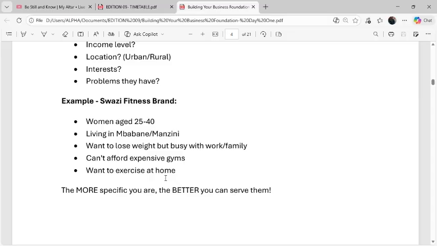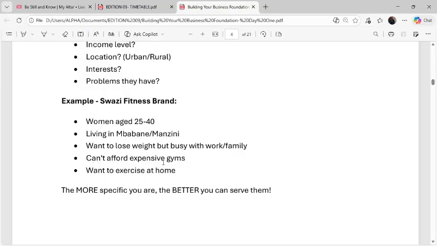You do understand that there are people who don't want to go to the gym, but they still want the training. So if you can give them something that they can use to exercise while they are still at the comfort of their homes, then you've got those clients. There are people who want to go to the gym, but they cannot afford the expensive gyms.